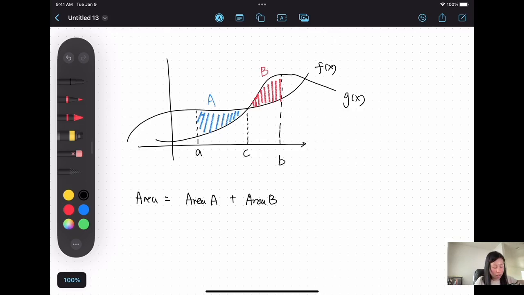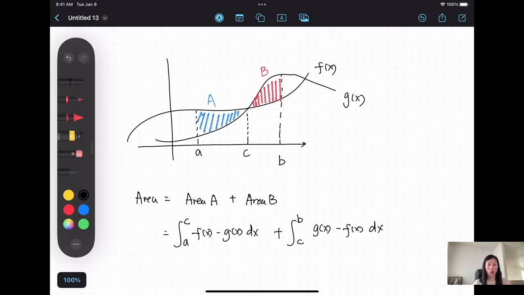We need to calculate the two differently. From a to c, we have f(x) minus g(x). And then I need to add the area from B, which is from c to b, where we have g(x) minus f(x).